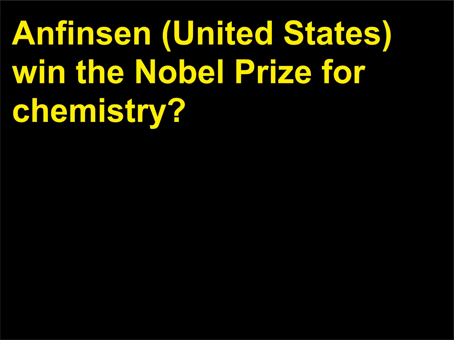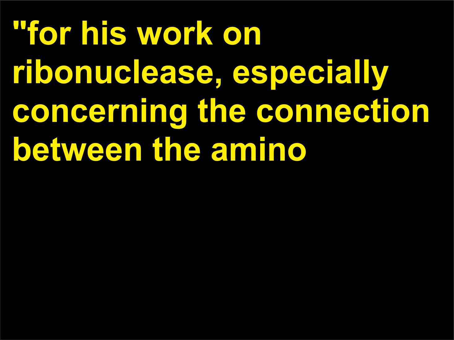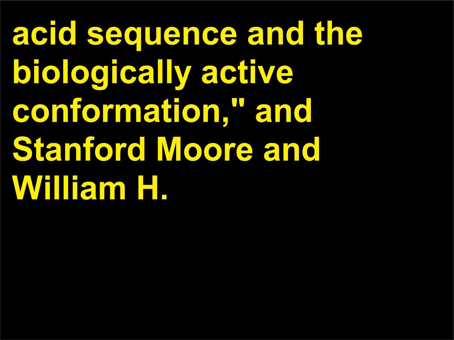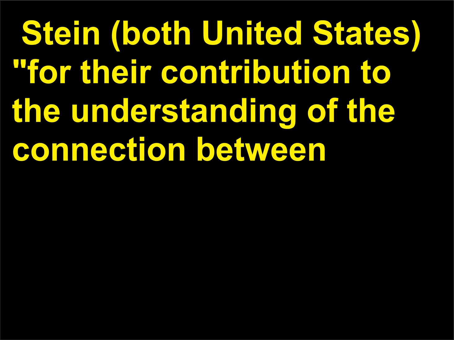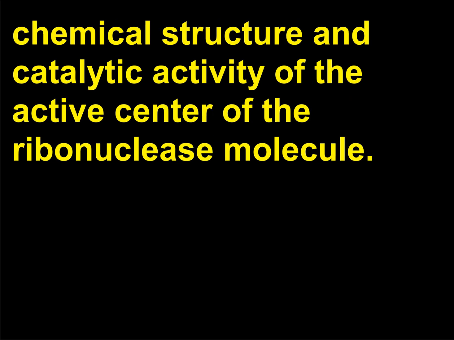Why did Christian Anfinsen, United States, win the Nobel Prize for Chemistry? For his work on ribonuclease, especially concerning the connection between the amino acid sequence and the biologically active conformation, and Stanford Moore and William H. Stein, both United States, for their contribution to the understanding of the connection between chemical structure and catalytic activity of the active center of the ribonuclease molecule.